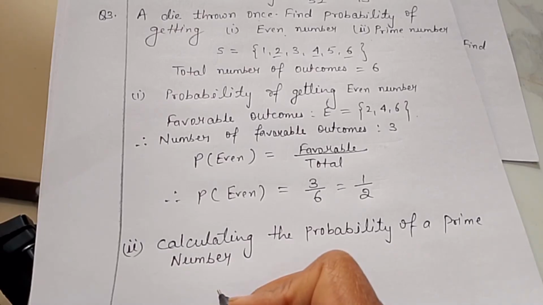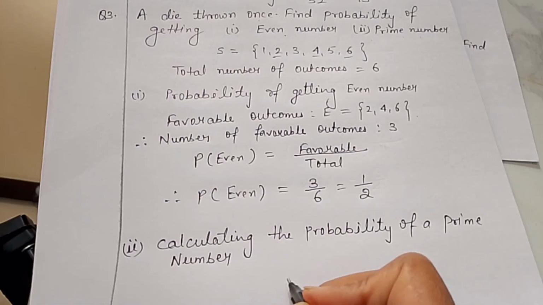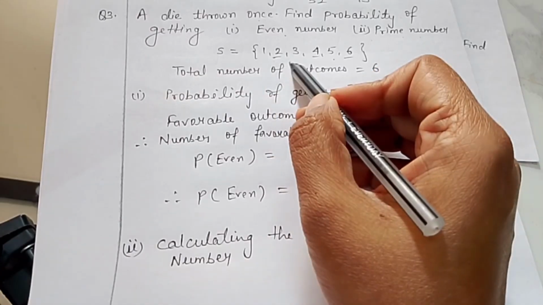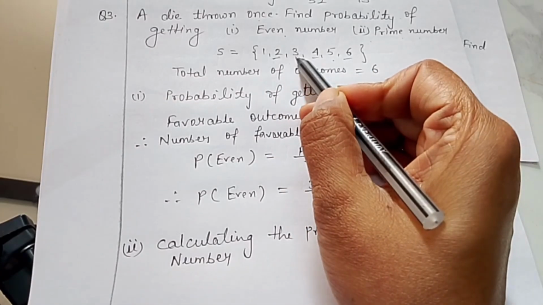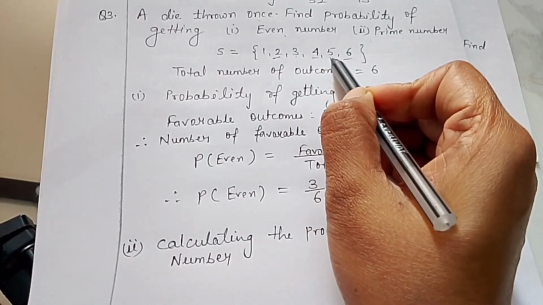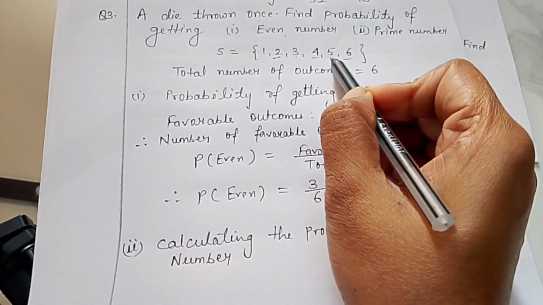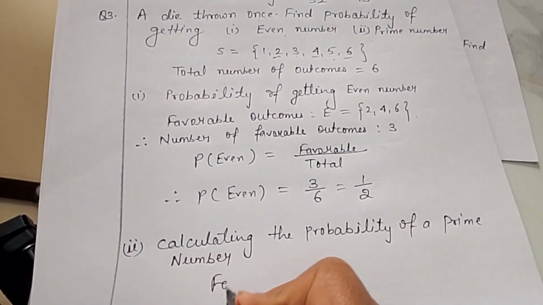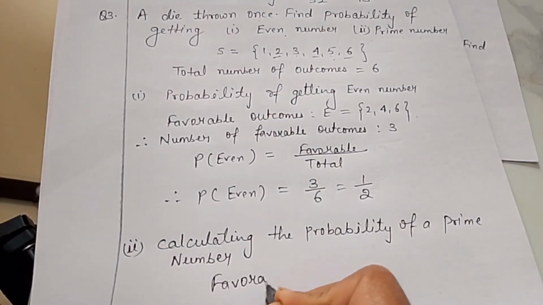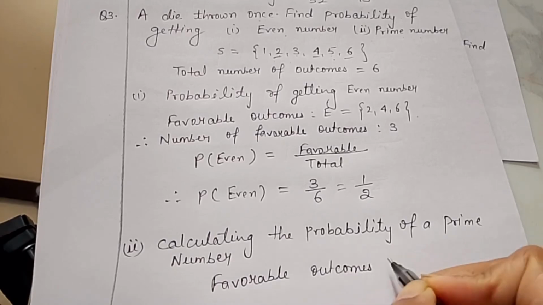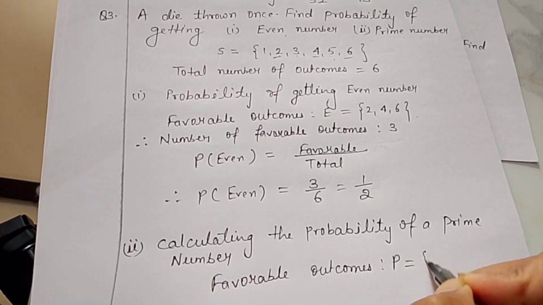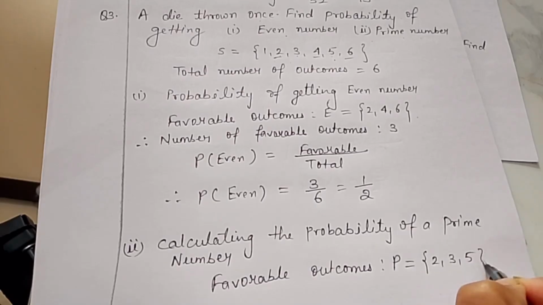Next, we need the prime numbers. Remember, a prime number has exactly two factors, 1 and itself. In our set, the prime numbers are 2, 3 and 5. Note, 1 is not a prime number. So, the favorable outcomes P is equal to 2, 3 and 5.